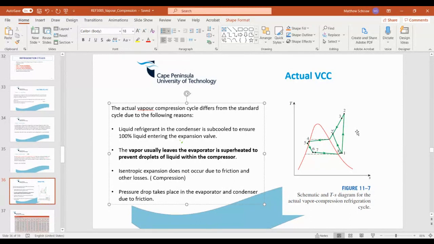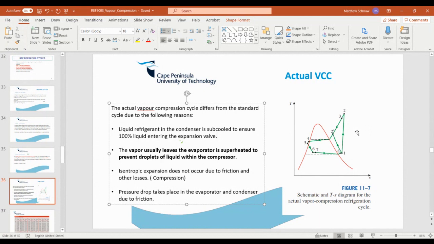When we're condensing, we are hoping that the gas is basically 100% liquid. However, in practical circumstances, this doesn't always happen. So we subcool the liquid before it enters the expansion valve to make sure that it's solely liquid. So that's the first thing we do.